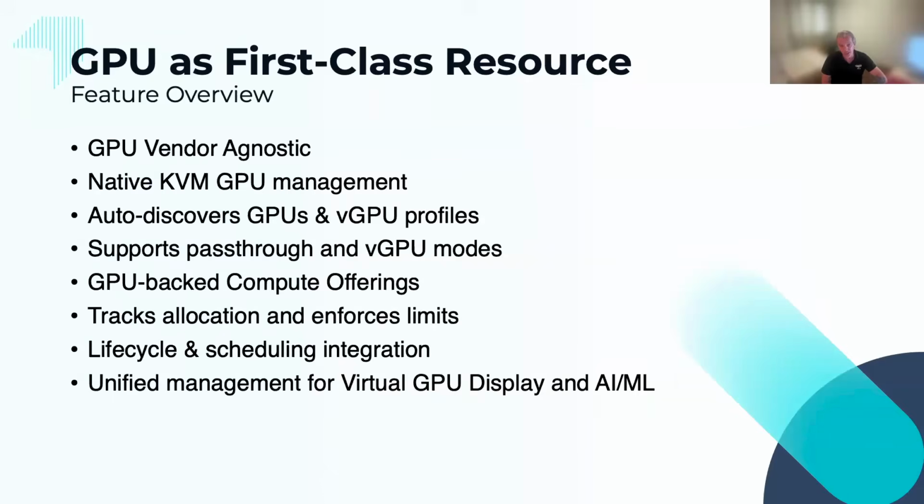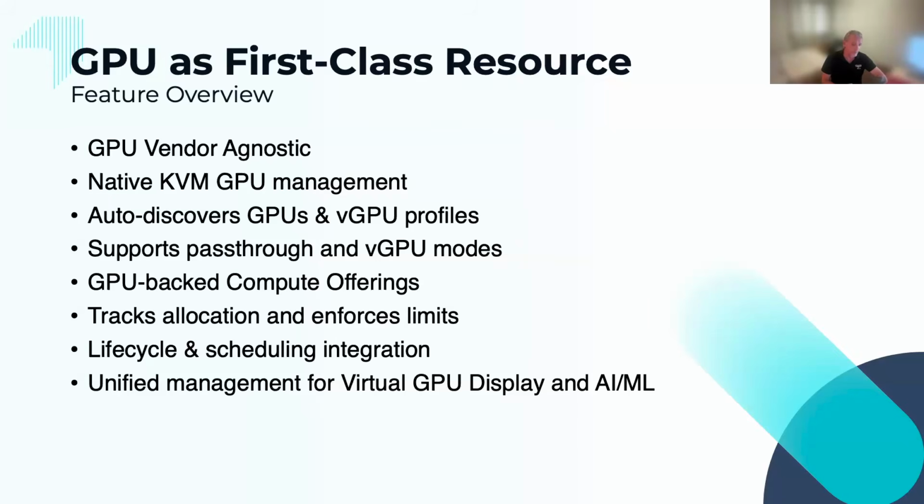It's important to say that this feature is not for only one vendor. It is completely vendor agnostic. Technically, CloudStack now auto-discovers the GPU and vGPU profile via the KVM agent. So you need to set the profile on the KVM side, and afterwards it is reflected to the KVM agent, and CloudStack can list all of this.